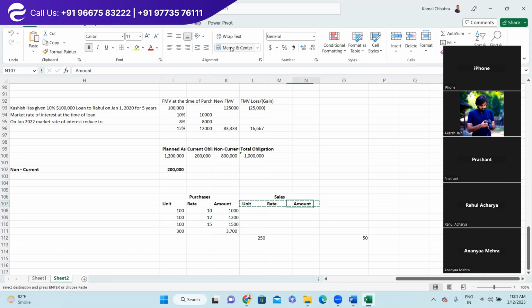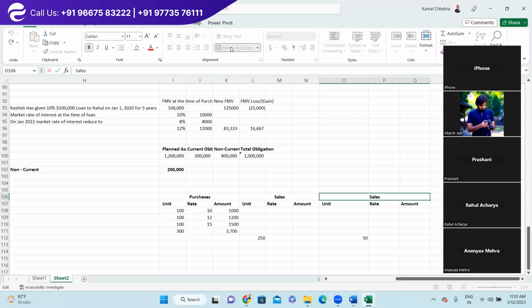If you are using FIFO, then it will be 15, sir. 15 into 50.